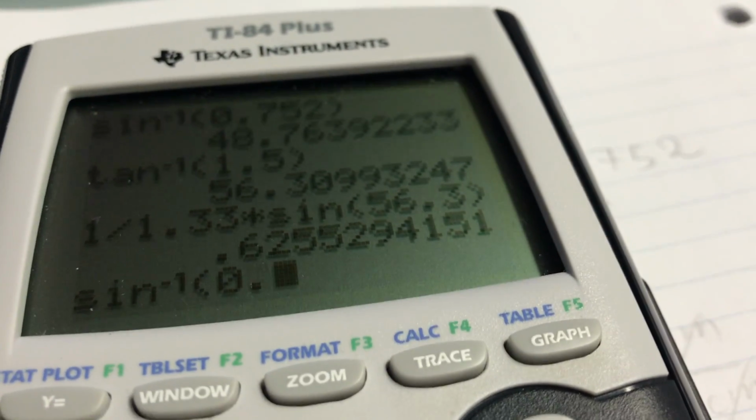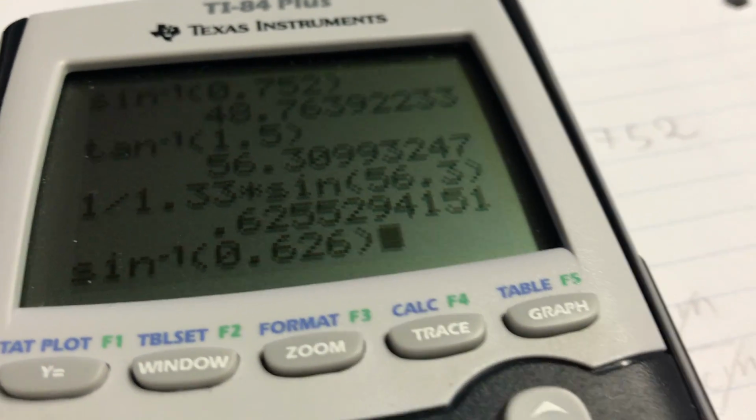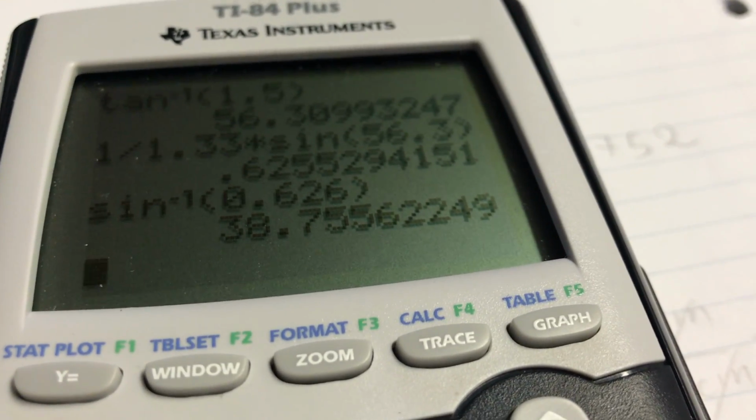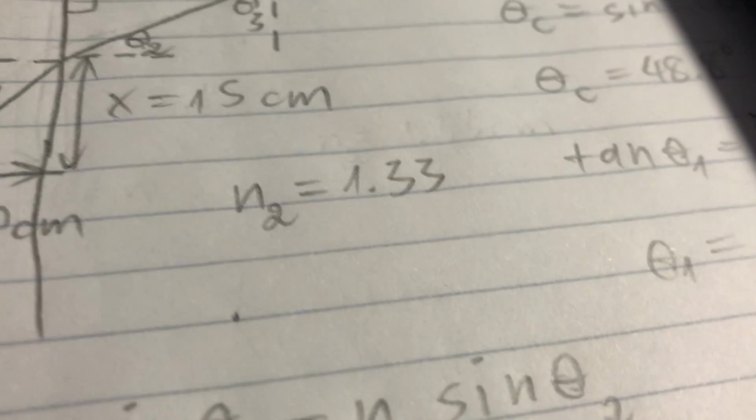That means theta 2 equals the inverse sine of 0.626, and that is 38.8 degrees.